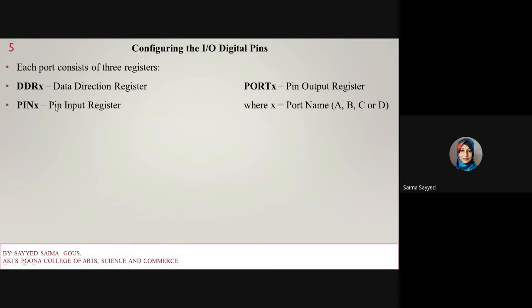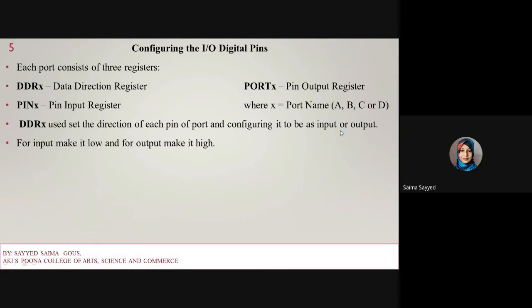The data direction register is used to set the direction and to configure the port as input or output. For input, make it low, and for output, make it high. So when you are going to use any port as an input port, make it low, and if you want to make it output, just make that particular port's pins high.